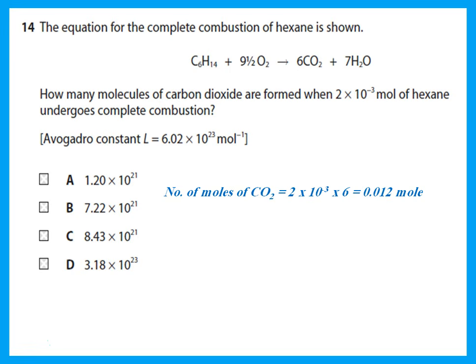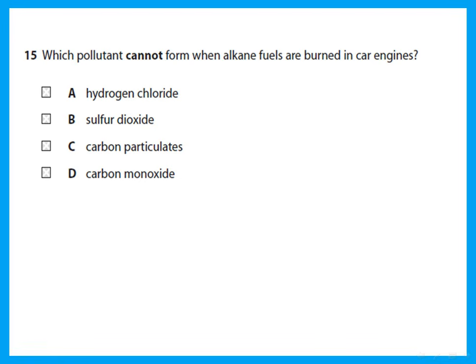So the number of moles of carbon dioxide from the equation is 6 times the number of moles of hexane. And then how do we get the number of molecules? You multiply this number by Avogadro's number, which is 6.02 times 10 to the 23, and that ends up with the answer in B.